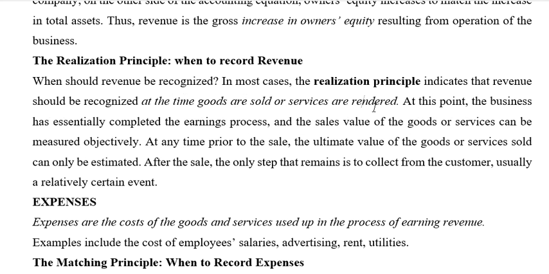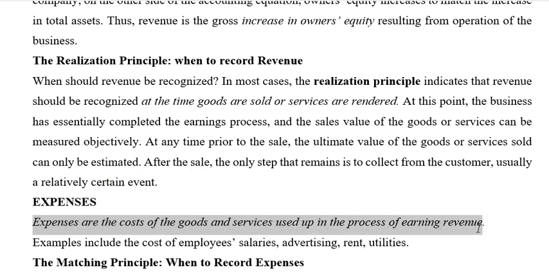Now you can write it in your income statement. You can report it easily whether the cash is received at the time of the sale or not. Your revenue will be earned and you can report it in your income statement. Second are the expenses. Expenses are the cost of goods and services used up in the process of earning revenue.